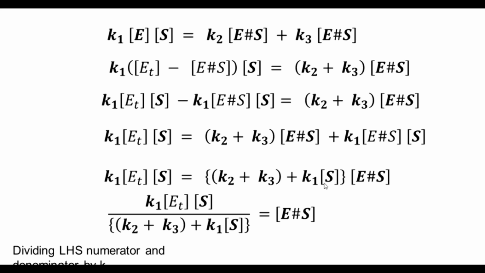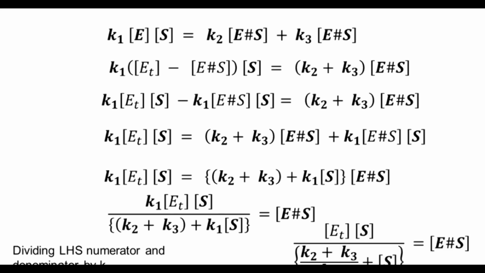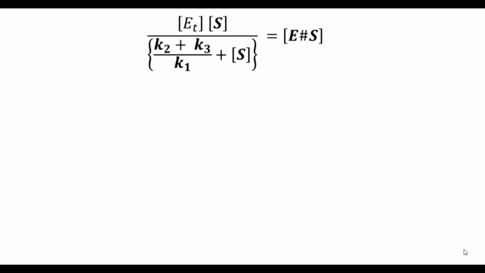And if we divide the numerator and the denominator by K1, the K1 disappears from here, so ET into S, and here K2 plus K3 divided by K1 plus S. There is a K1 here which gets cancelled, plus S equals the enzyme substrate complex concentration, which is the same as this.